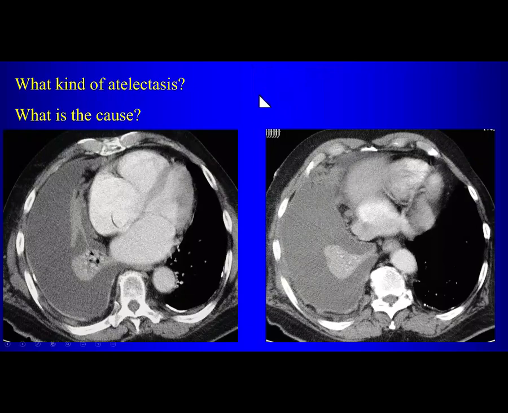What kind of atelectasis is this? Passive. All right, so this is passive atelectasis. You can see that the lung here is completely collapsed, right? Here's the right lower lobe, here's the right middle lobe, completely collapsed. That's passive atelectasis. So our definition of passive atelectasis is what?